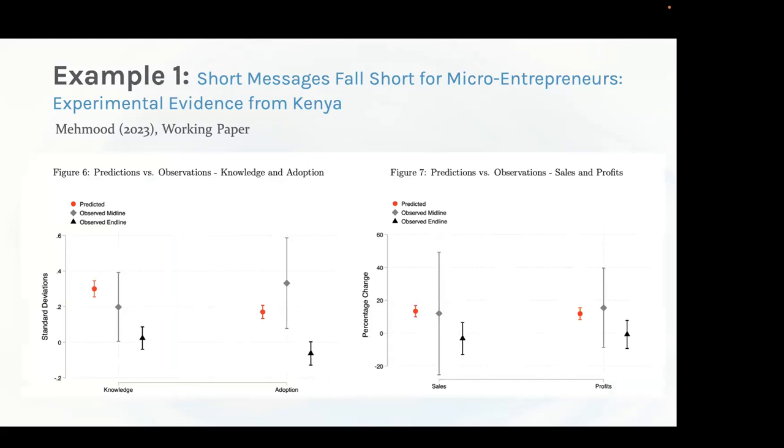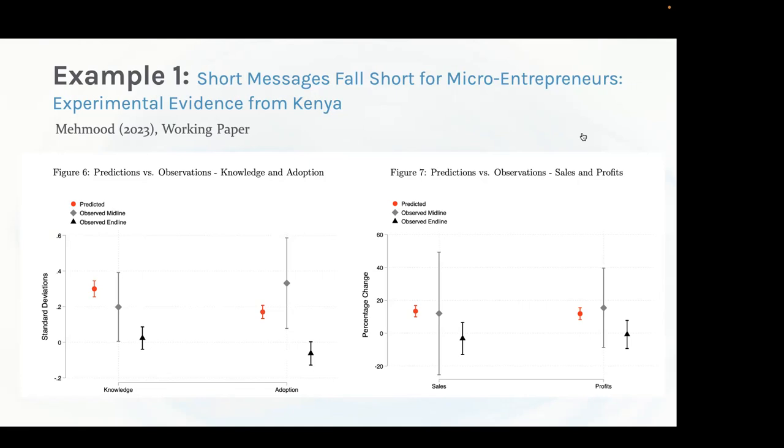And then for the second point, whether there is an increase in sales or in the adoption of knowledge and business best practices, we can see that the expert prediction is actually quite close to the observed midline and endline, although the variance or the standard deviation that the experts predicted is significantly different from the real-life observed variance we get.